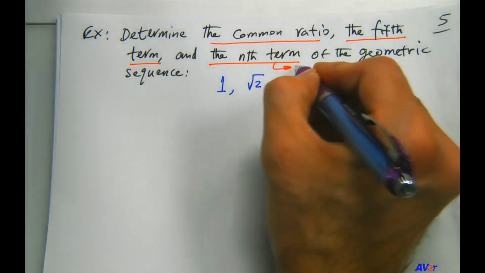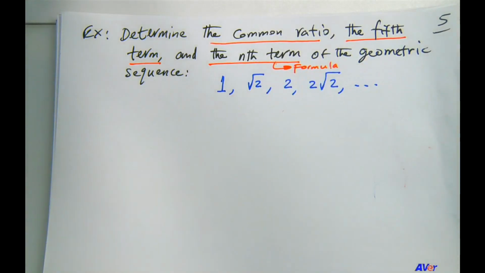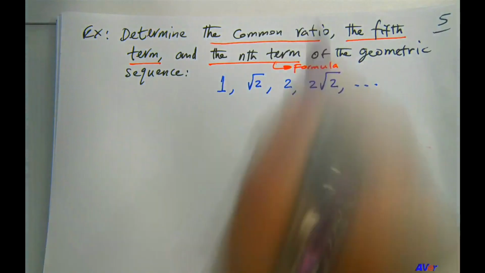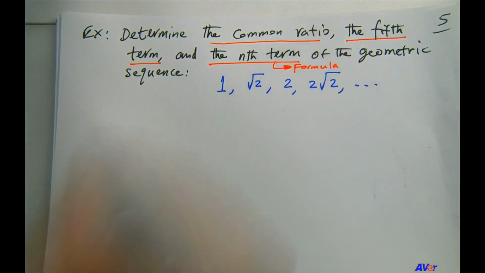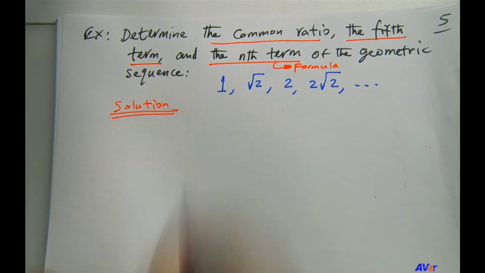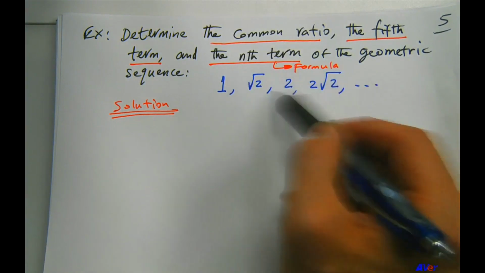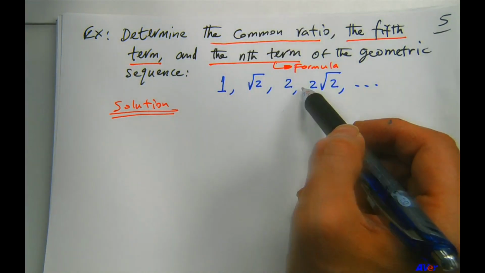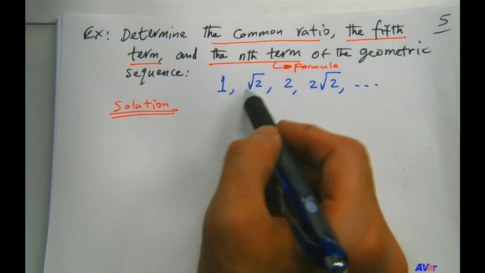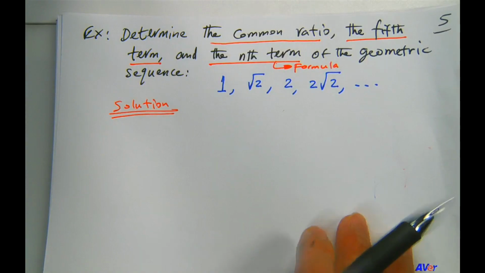So this is the formula that they want us to find for the nth term of the geometric sequence. Okay, so let's find the common ratio first. They already tell us that this is a geometric sequence, so all we have to do is find one ratio, and we know it's going to be the same the rest of the way.